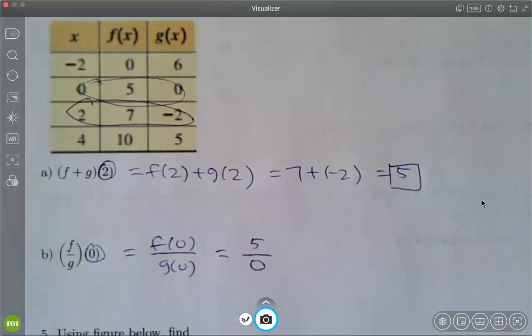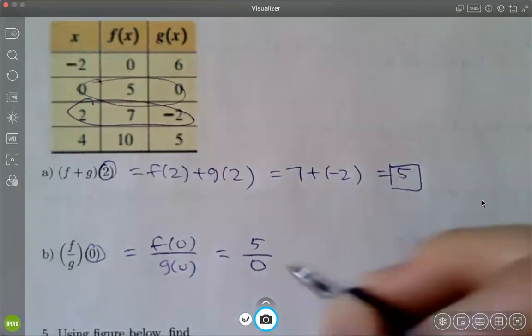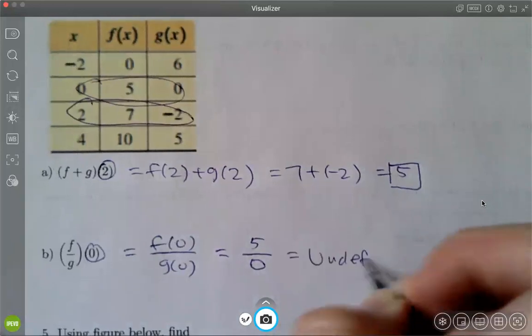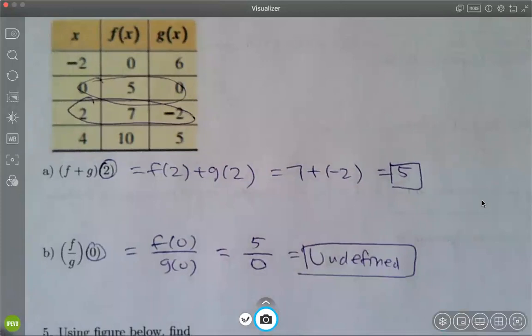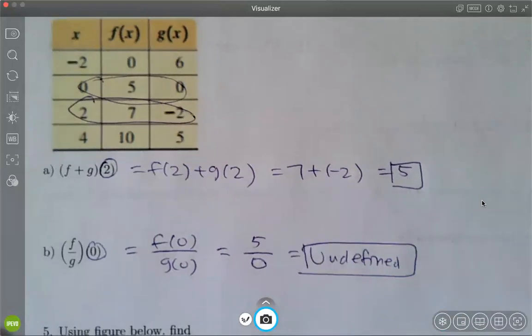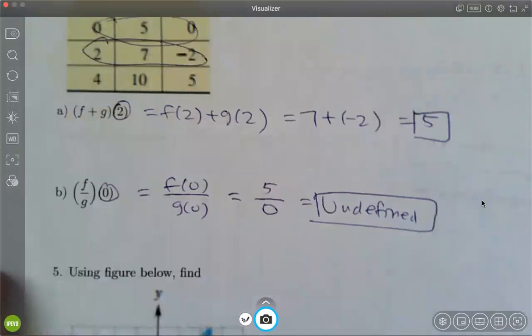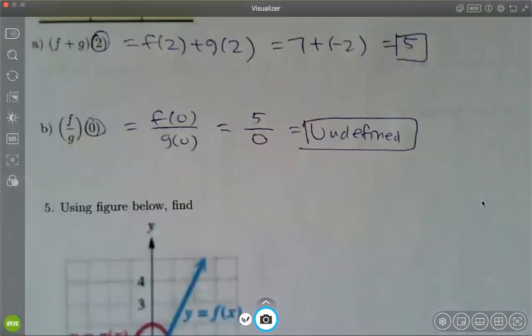Undefined, right? It's not 0 or 5. Yeah, it's undefined. Okay, so simple problems after some tricky ones. That sounds very suitable.